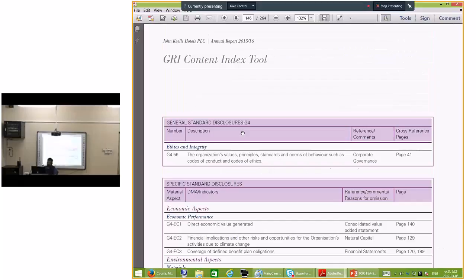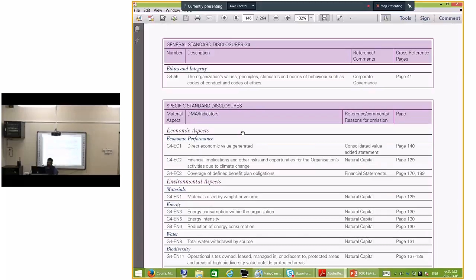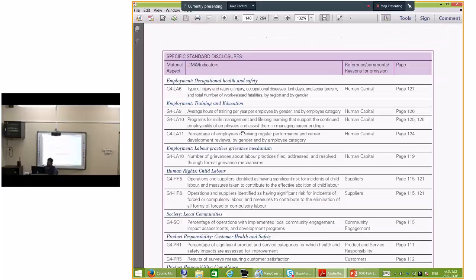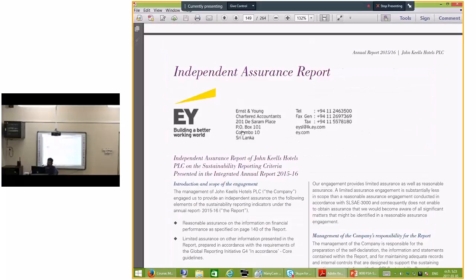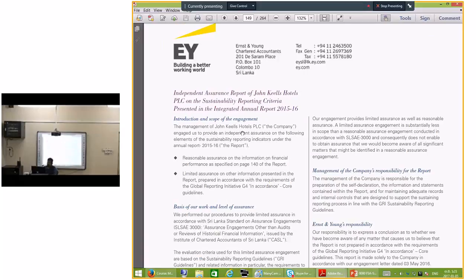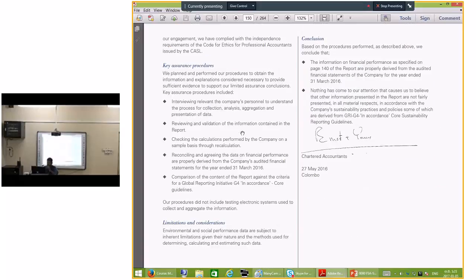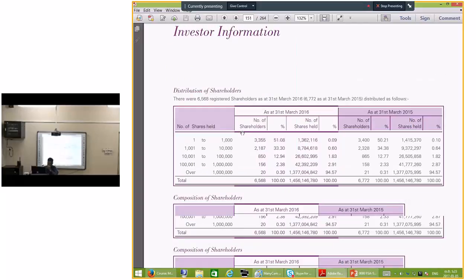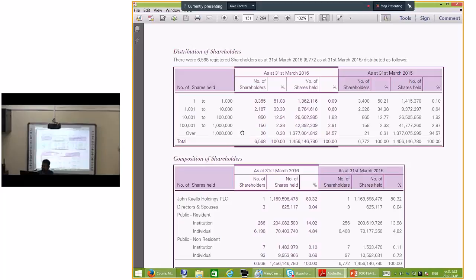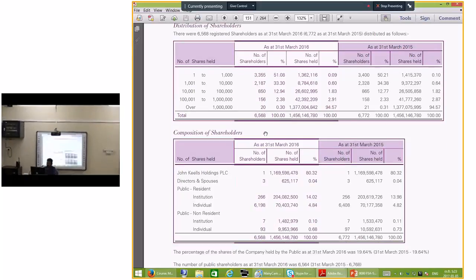This is GRI contents regarding integrated reporting, the independent assurance report, audit report. Then investor information, details and their composition percentages are given.